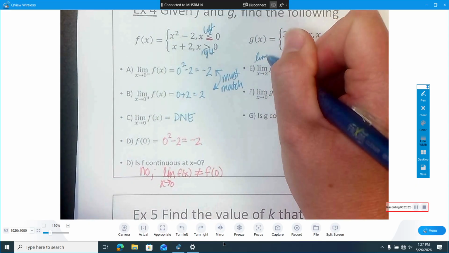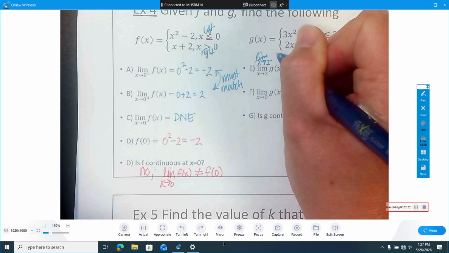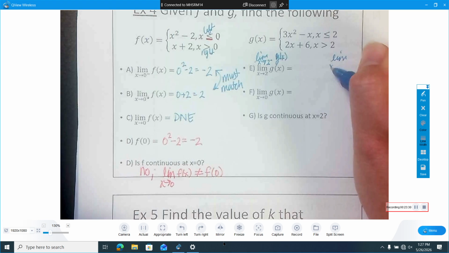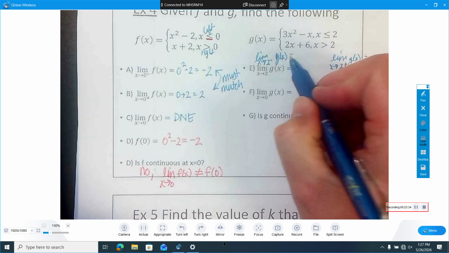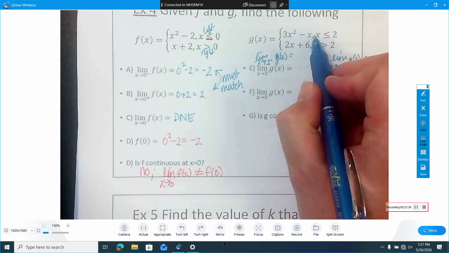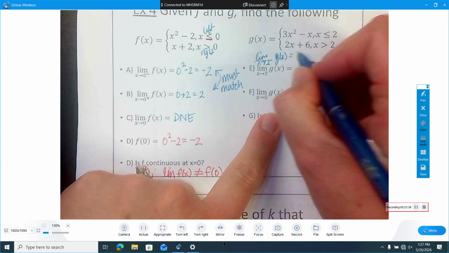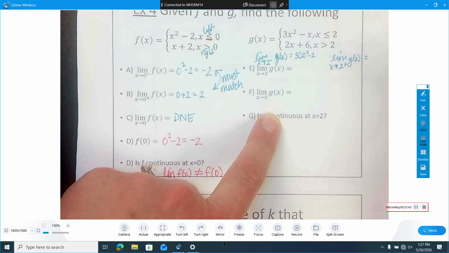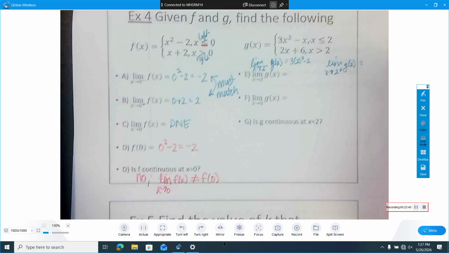The limit as we approach 2 from the left of g of x, and we have to look at the limit as we approach 2 from the right side of g of x. All right, so I'm going to plug in my left equation here. I'm going to plug into the top. So that's 3 times 2 squared minus 2. What is that?